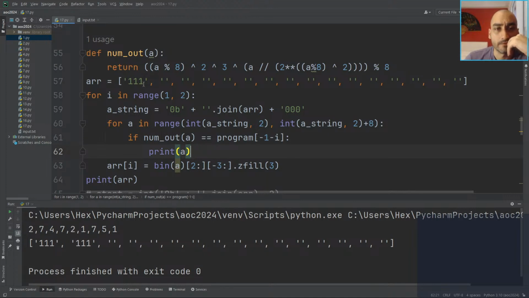Oh, maybe I have to go work out this formula again. Wait, so what did I get when I originally ran this?